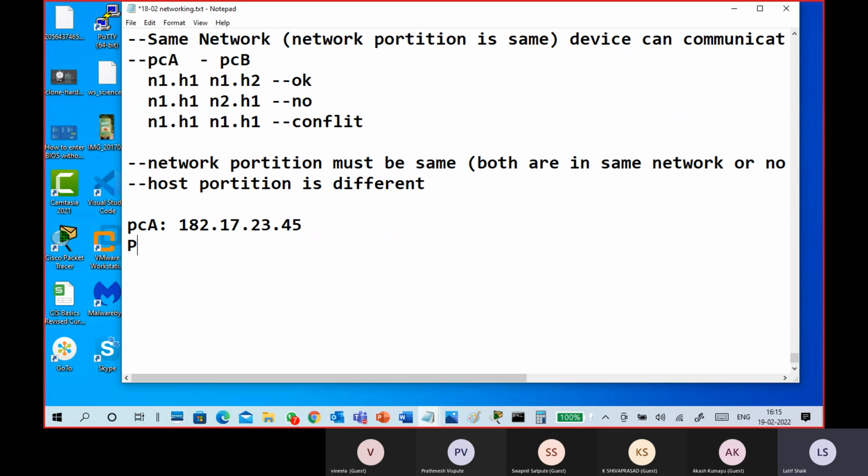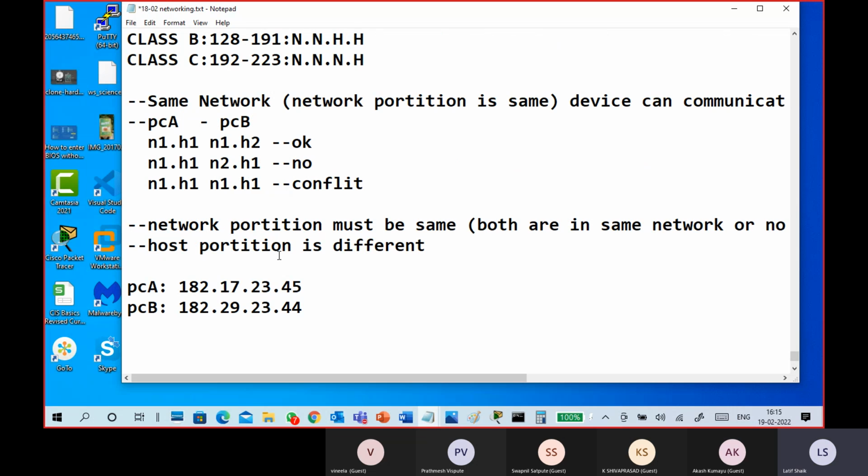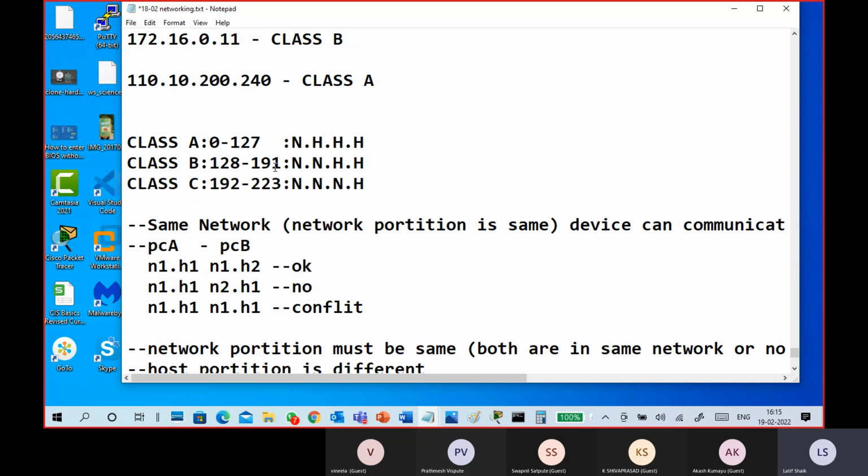Now I have a PCB, 192.29.34.23.44. Whether PCA can communicate with PCB, we can only understand by ranges. 182 means it's a class B. In class B, the first two portions are network portions.